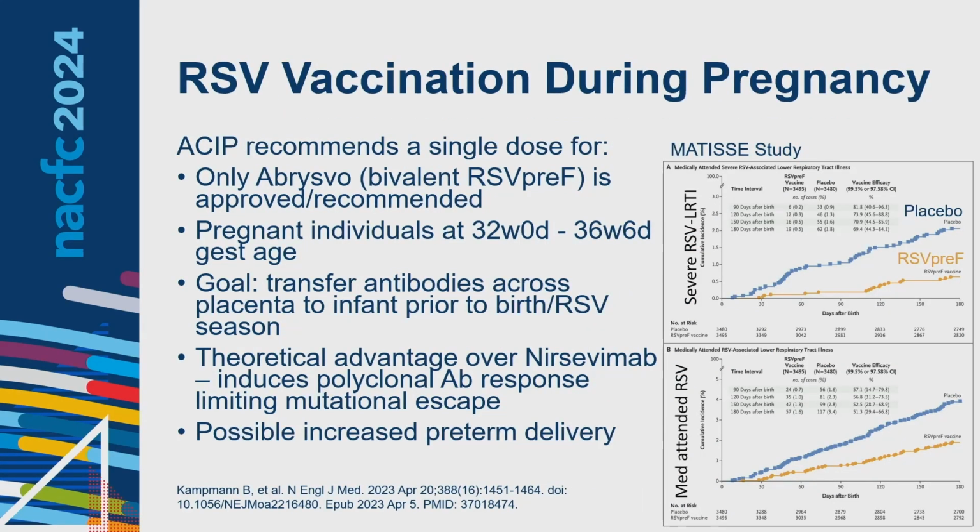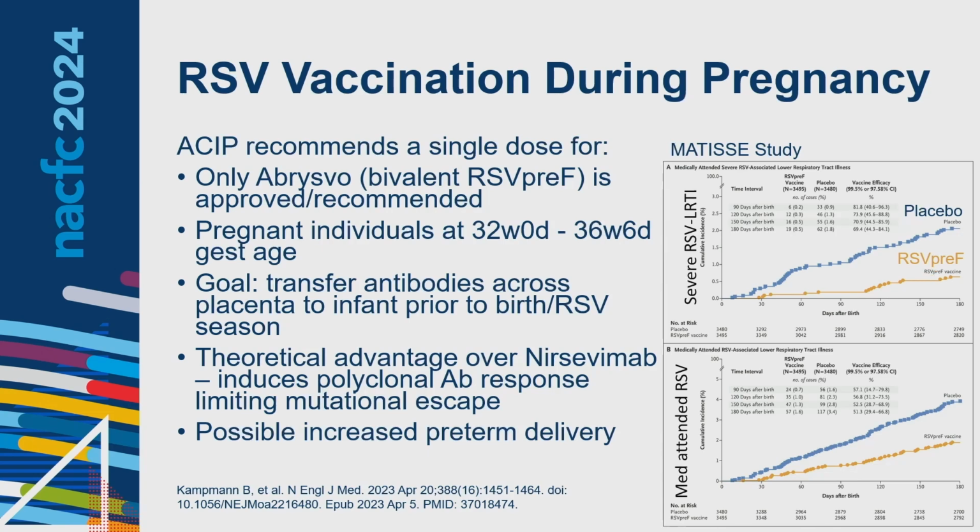In addition, I said there's a second strategy for preventing RSV disease in infants, which is RSV vaccination during pregnancy. Only a single one of the new RSV vaccines is approved for use during pregnancy, in individuals at 32 weeks to 36 weeks and 6 days. This is data from the MATISSE study, one of the primary studies demonstrating the efficacy of maternal vaccination.